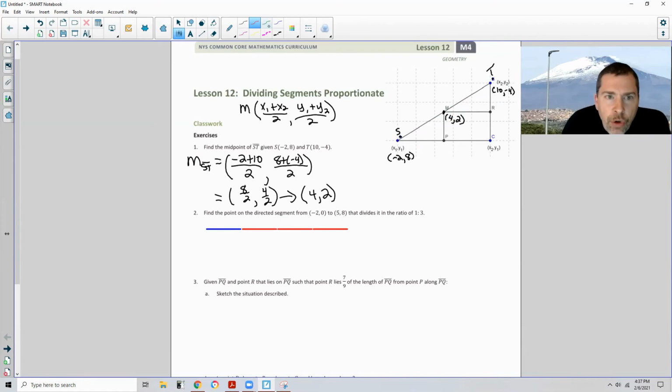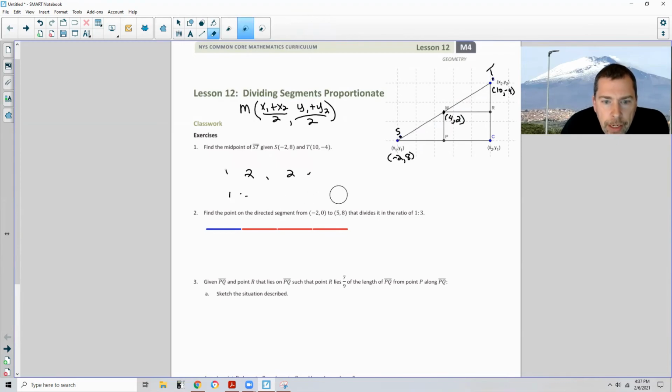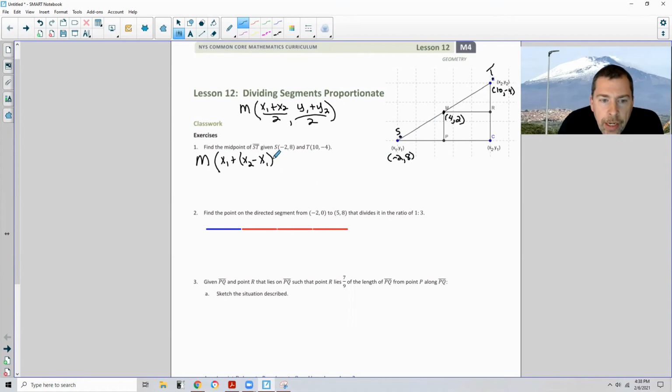Now there's another formula I want to cover, so I'm going to erase this. There is another way we can do that. We can say that the midpoint is X sub 1 plus the difference of the X's, X sub 2 minus X sub 1, and then that would be divided by 2.